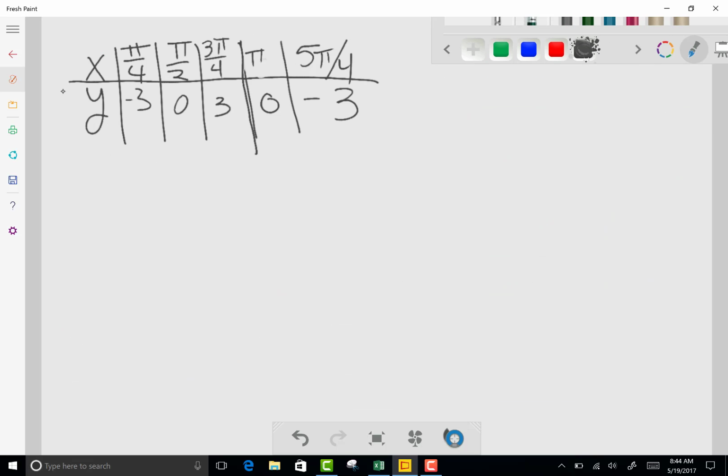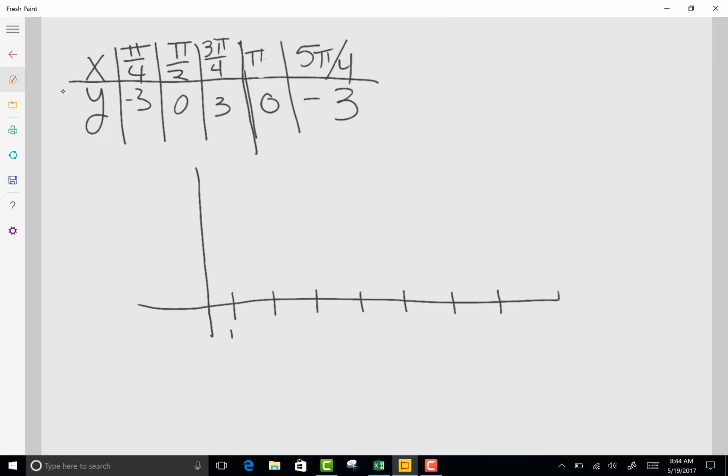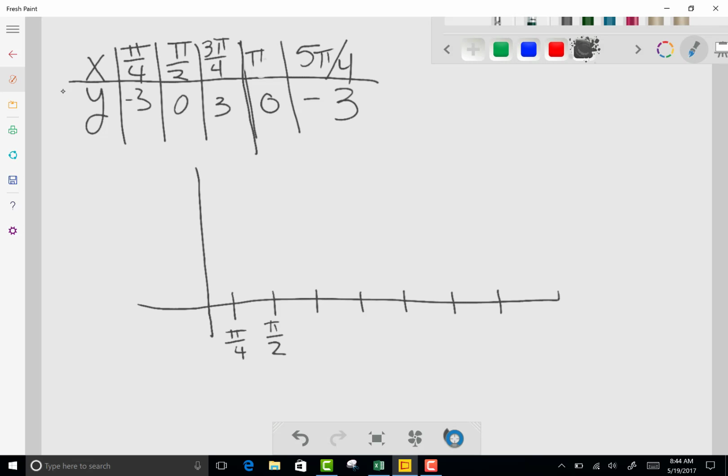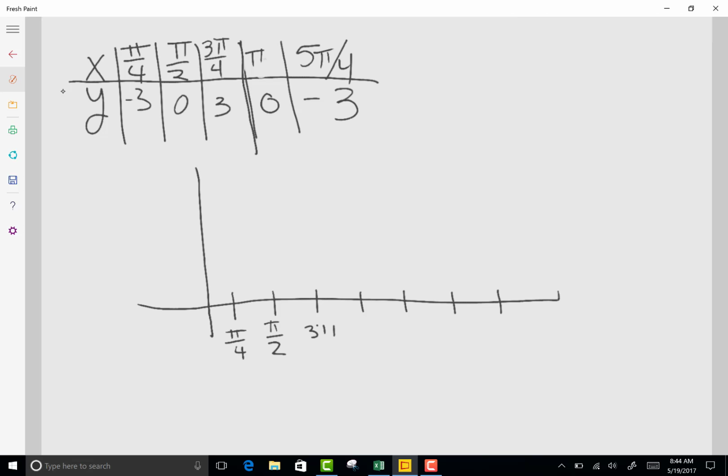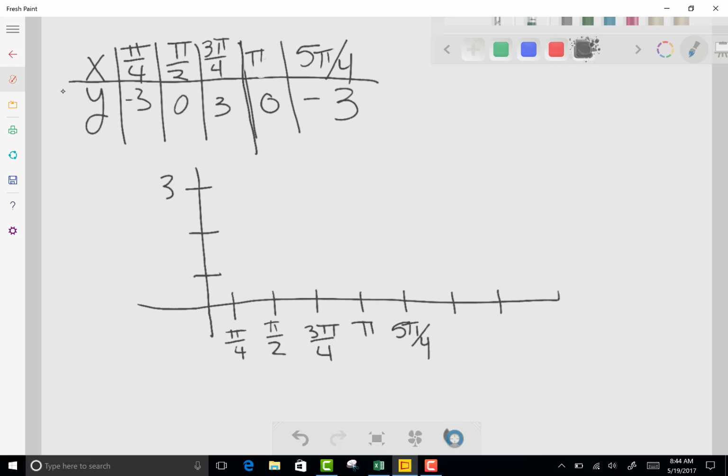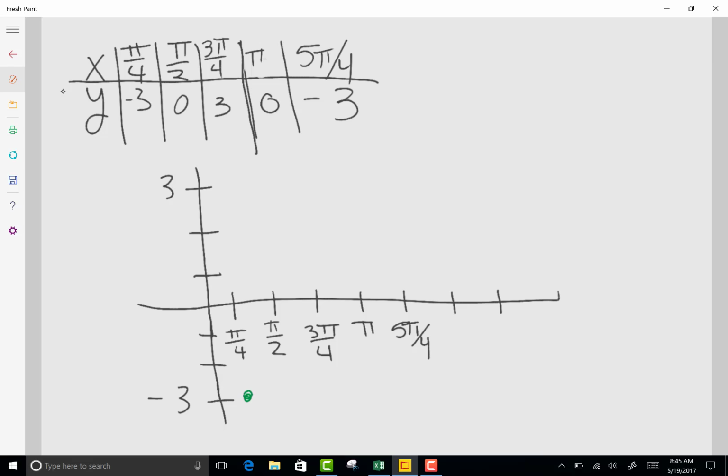Okay, so using these points, we have pi over 4, pi over 2, 3 pi over 4, pi, 5 pi over 4. All right, so at pi over 4, we're going to dip down to negative 3.